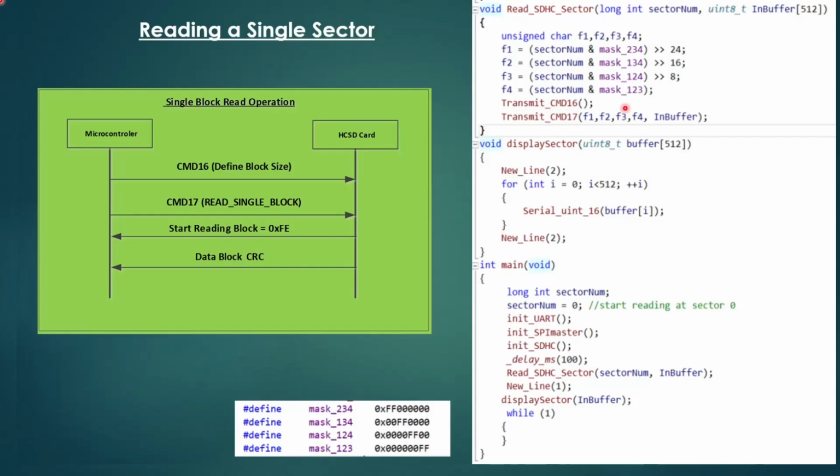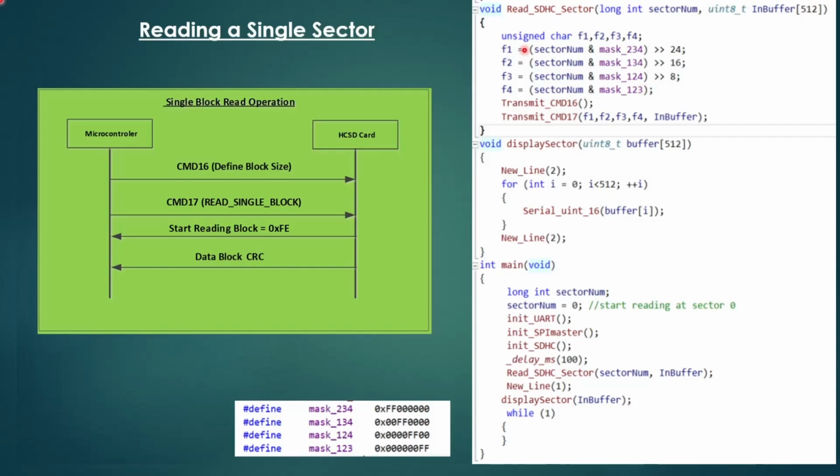So we take the sector number and mask it to take out the most significant 8 bits, then the next 8, and so on down to the least significant.